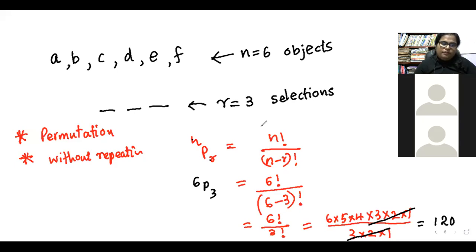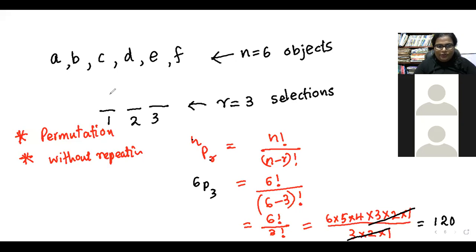Then as in the previous one, we can get the answer without the formula also. Here you have to imagine like this. Here also you have 3 positions. Then how many objects do we have for the first position?